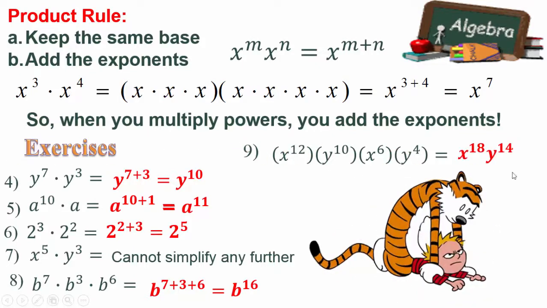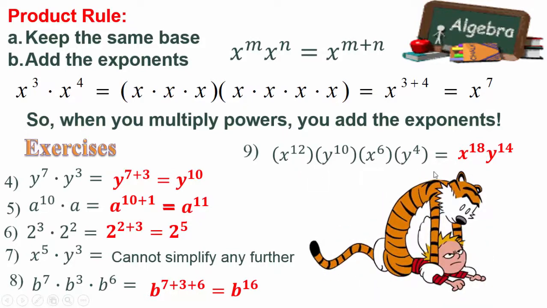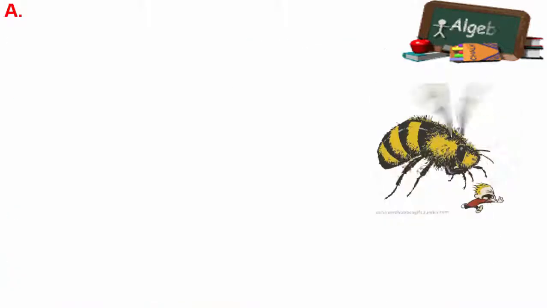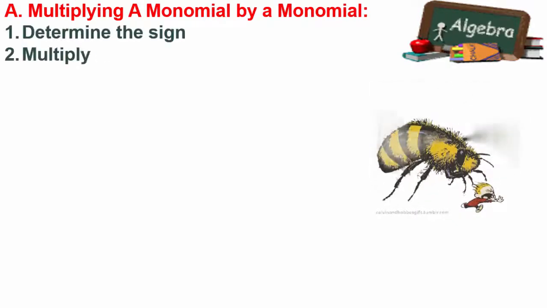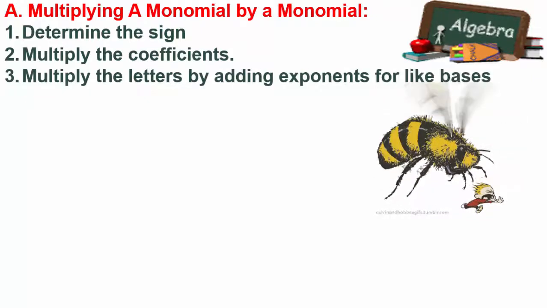So our x's add up to 18, so that's x to the 18th, the power on our x's. And the power on our y's adds up to 14, and we cannot simplify this any further.